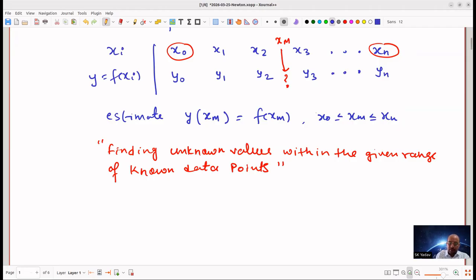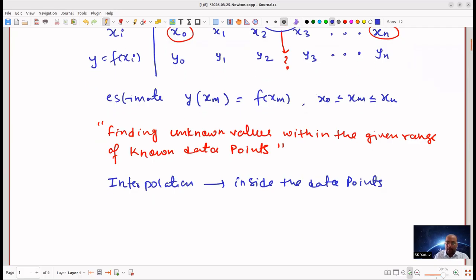Another word is similar to that. So basically here interpolation means you are finding the value inside the data points. Like here you are finding for xm.